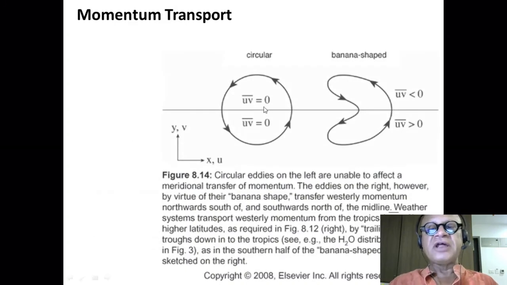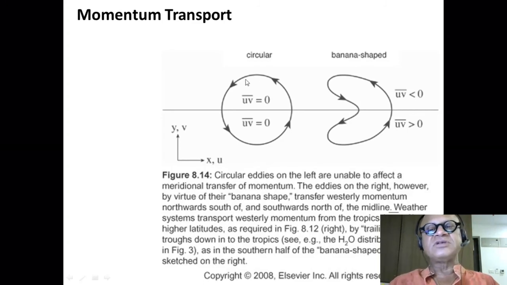So the momentum transport, if we look at a simple argument here, if you had just a circular eddy, look at it in the meridional zonal plane. So you have y going poleward with meridional velocity v, and x going in the azimuthal or zonal direction on the sphere with velocity u.